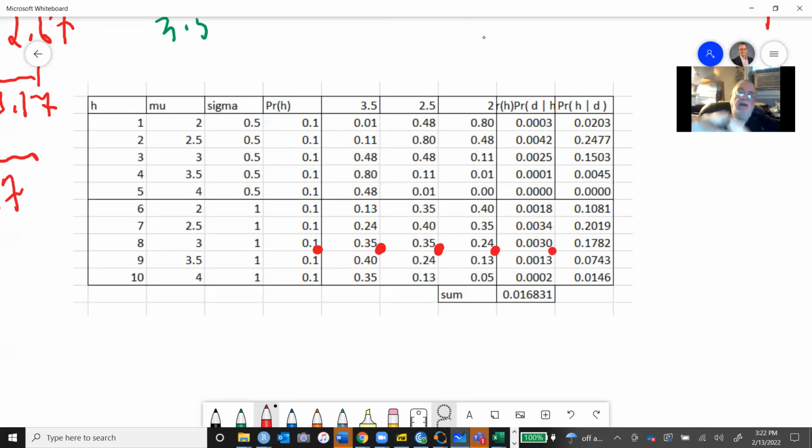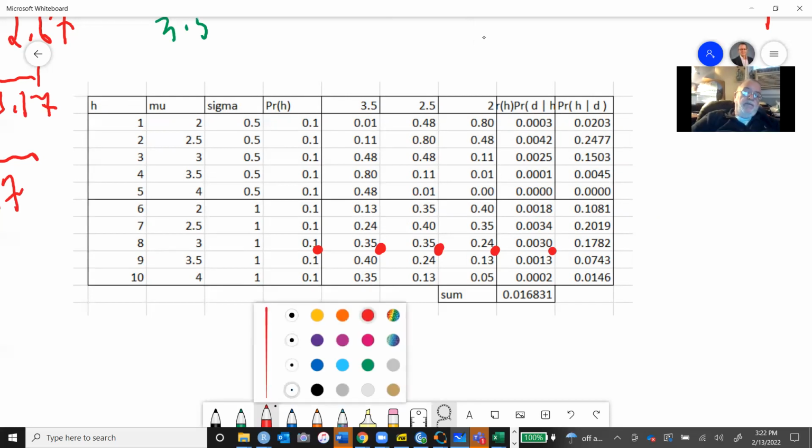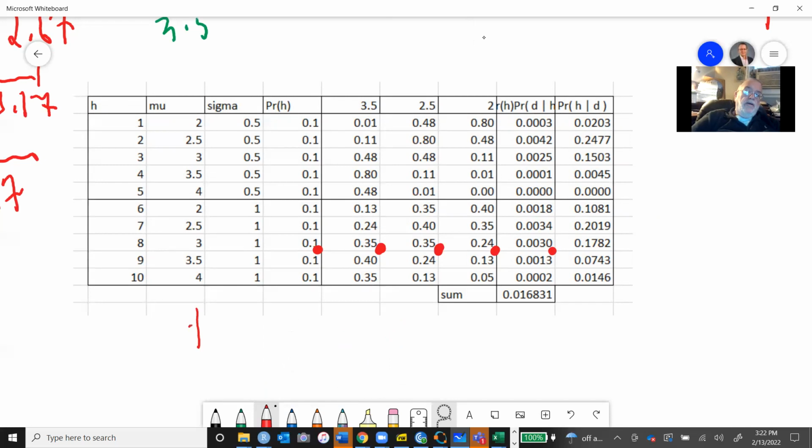We do this for each of, again, we have 2 hypotheses here. 2 sets of hypotheses. And altogether, we have 2 different sigma regimes and 5 different levels of performance, mu's, each occurring with 10% probability.